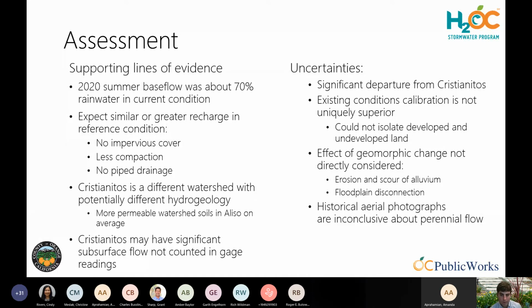There's been an extensive amount of alluvial material exported from the creek due to erosion in response to urbanization. And so a portion of the flow that may have been subsurface in a reference condition through alluvium may very well now be flowing atop bedrock or be exposed to the surface and measurable now compared to what it was before. So that's a bit of a wild card thrown in there.